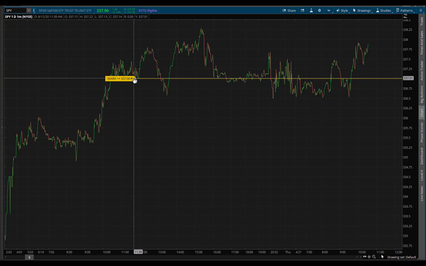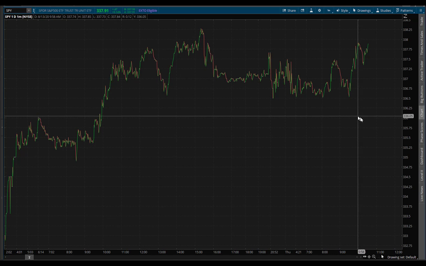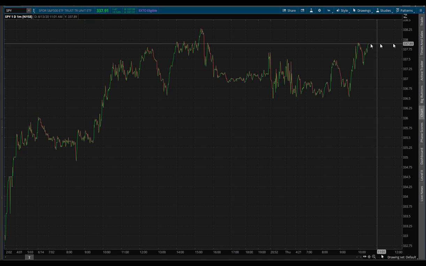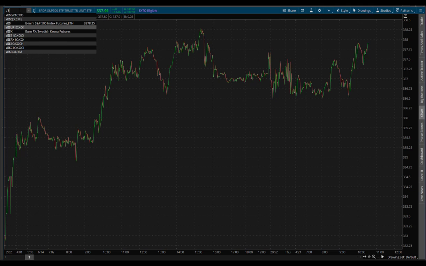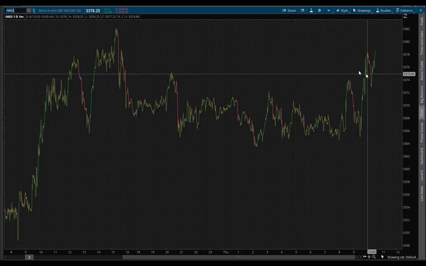So I'm going to get rid of those. And so when I say this is based on the S&P, you see how right now we're in the 300 range, and the ES or the MES. Let's just look at the MES for now. The MES is 3,300, but it's the same thing.